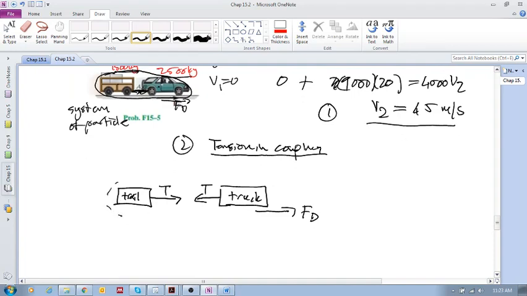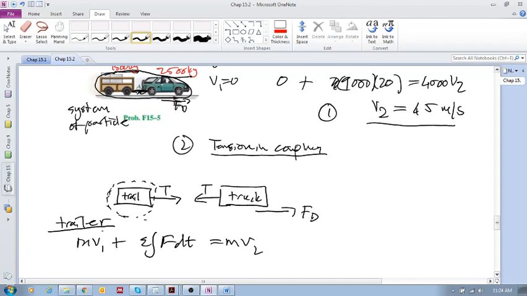Okay, so now this becomes my system, and so T is now the only external force. So we've got mv1, we're only considering the trailer now, guys, plus the sum of F dt is mv2, only for the trailer.